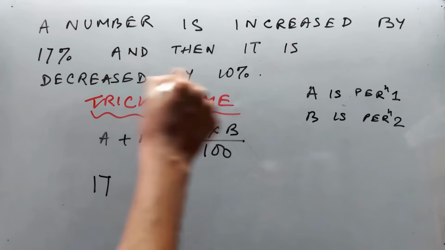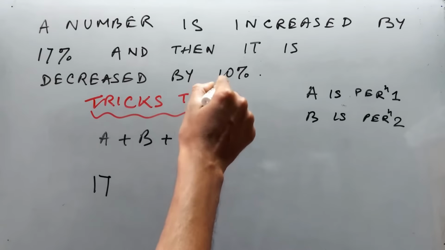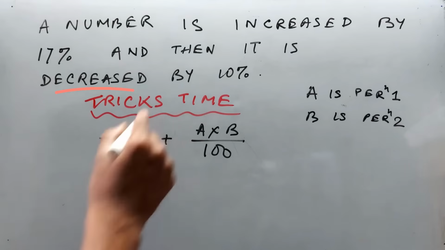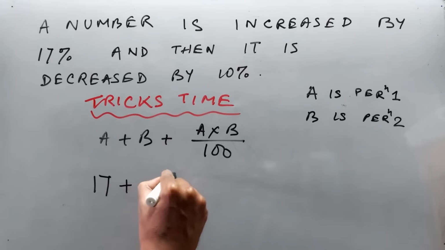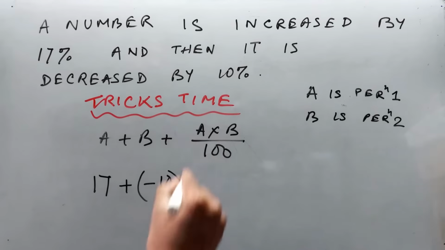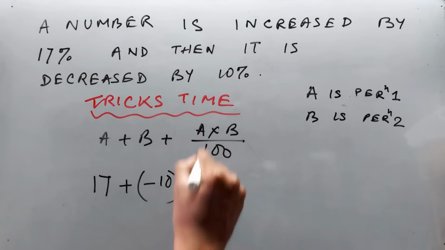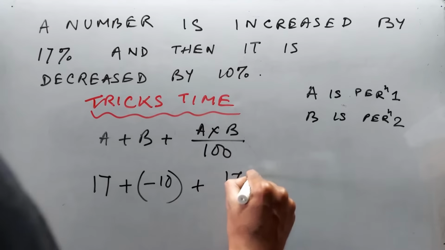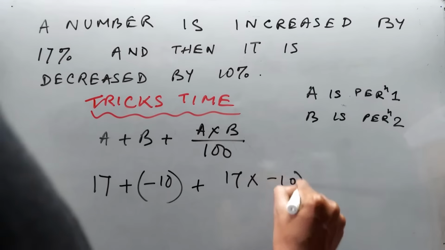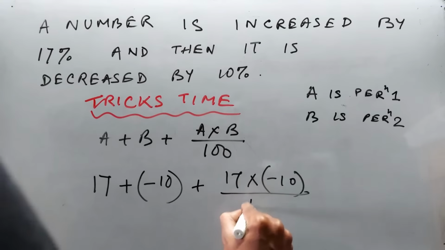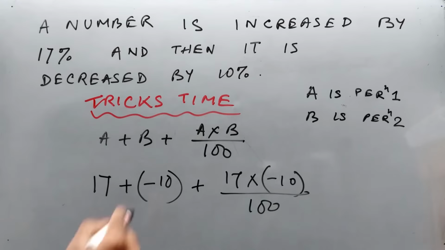Now B is 10, but B is not 10. It is decreased by 10%, so it will be minus 10. Please remember this. And again plus, and then 17 into minus 10 over 100.